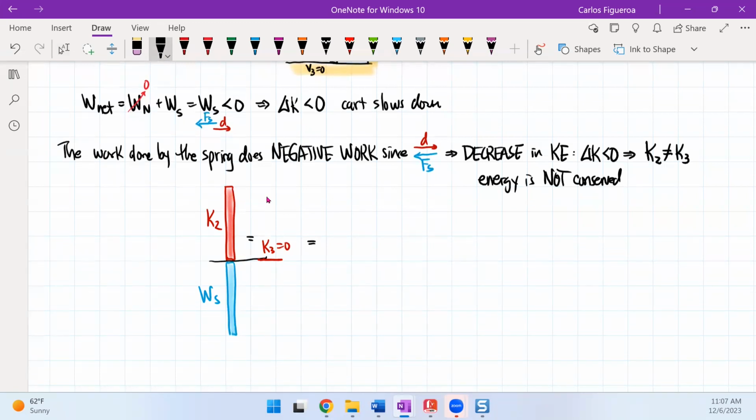In other words, the work energy theorem says that the kinetic energy minus the work of the spring is then going to be 0.